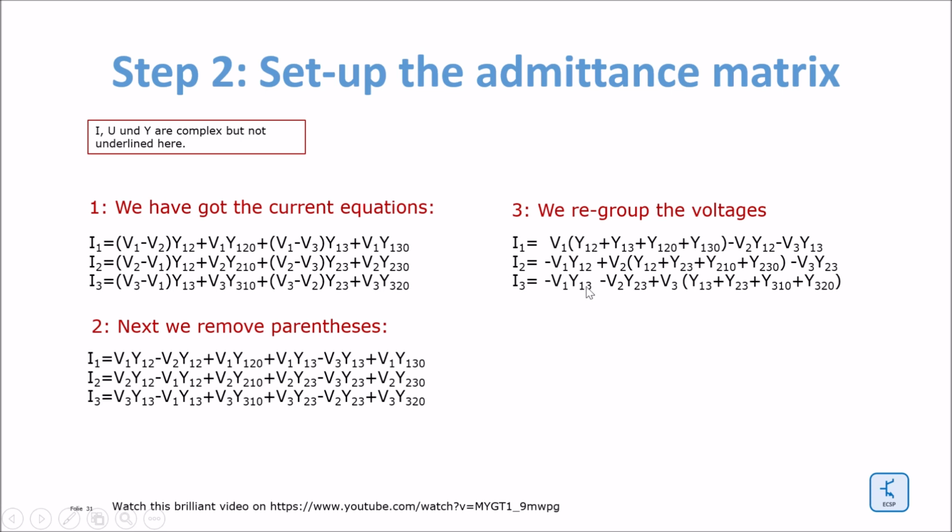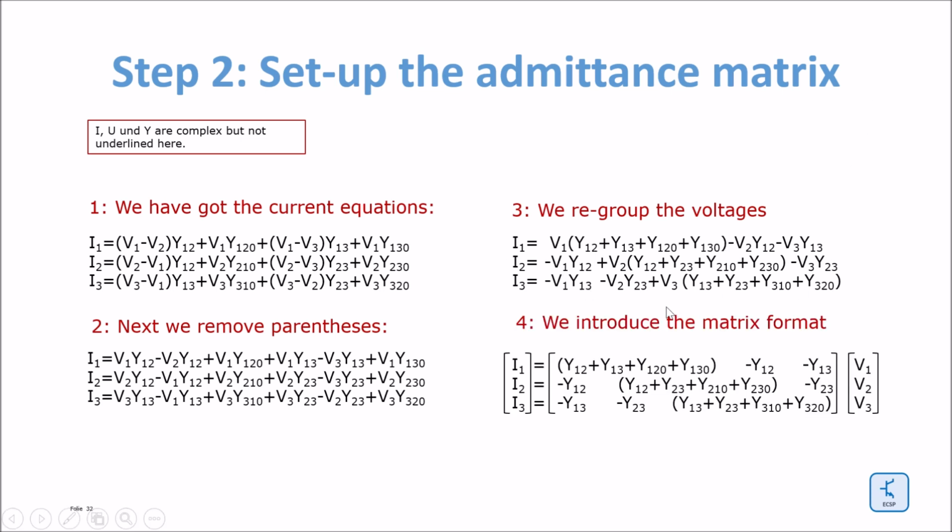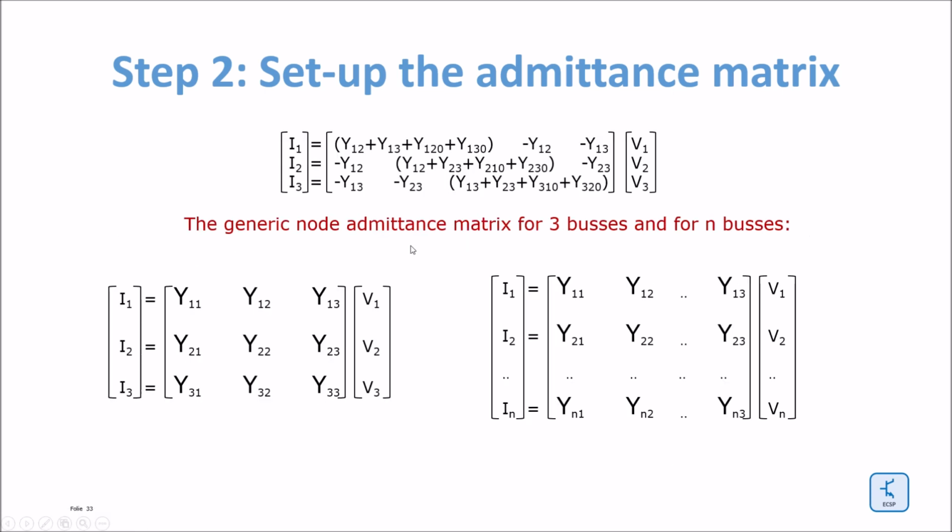And I do that again for all the equations. The last step is that I rewrite all these equations in matrix format, and we got what we wanted, our admittance matrix.